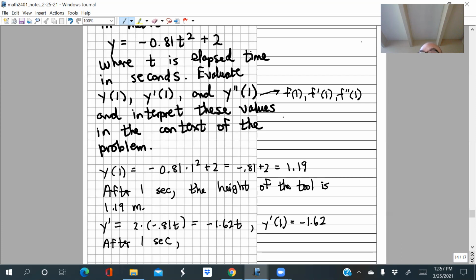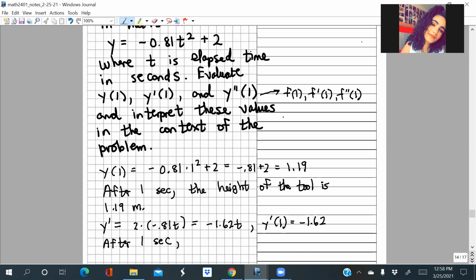So what is the minus 1.62? The speed of the falling object after 1 second. Yeah, it's something to do with the speed of the falling object after 1 second, Donna. But make that more clear. I need you to work the 1.62 into your answer.